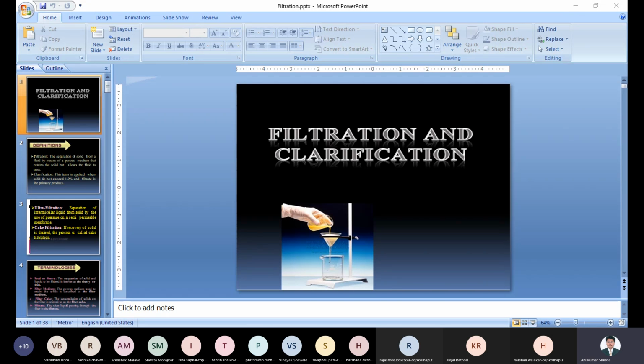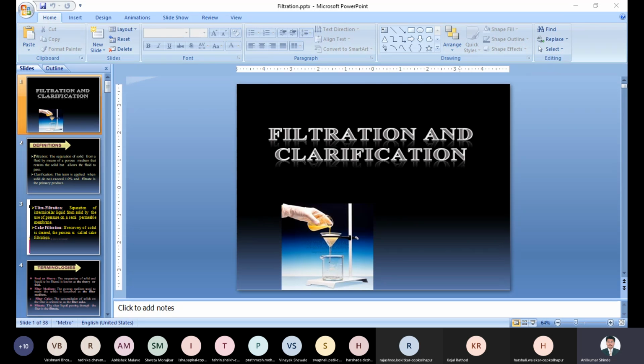So filtration is one of the processes in which we remove solid particles from the liquid medium. If the solid is not dissolved in the liquid, it should be removed, if you want a clear solution.